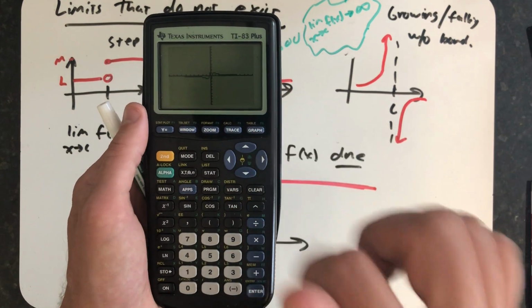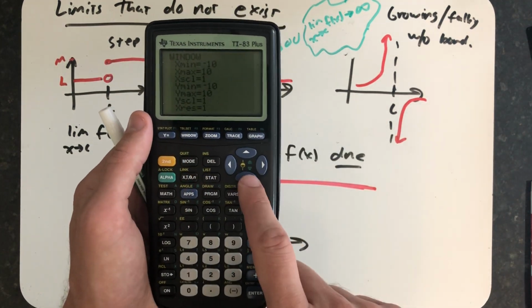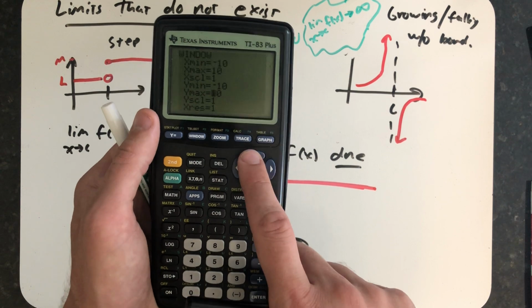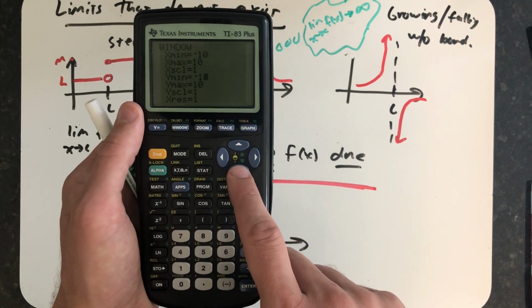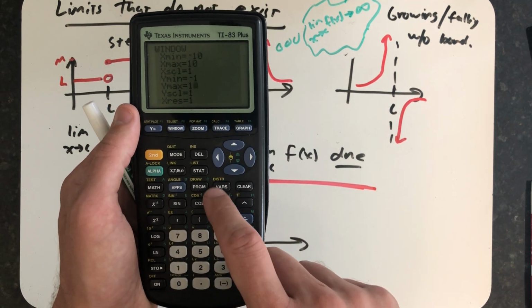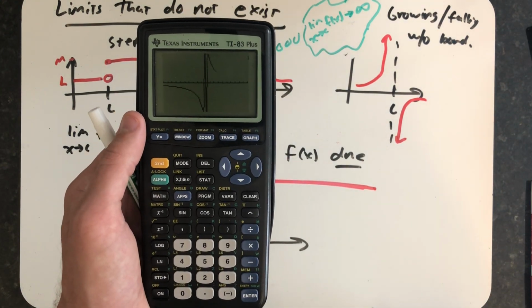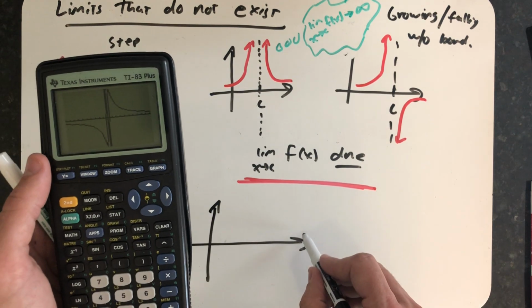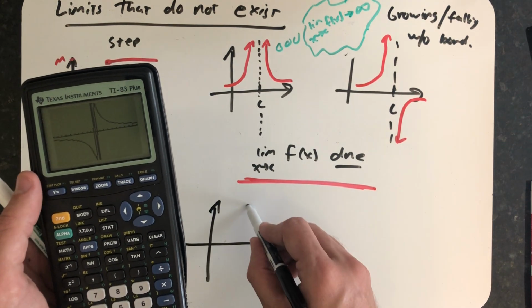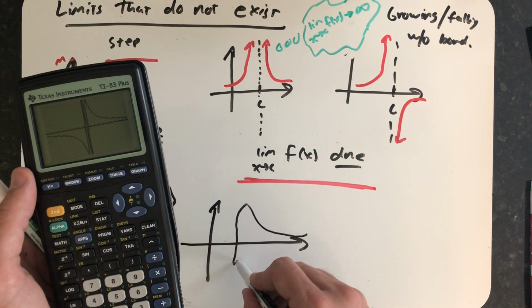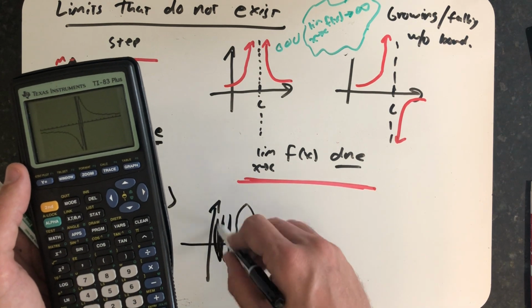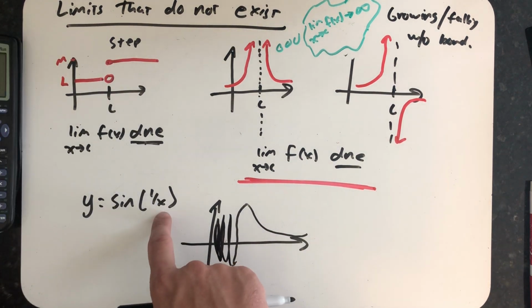All right, and I can't really see what's going on there, so I think I'm gonna change my window. And it's always a good thing sometimes to play around with the window. I know sine can't be any bigger than 1 and smaller than -1, so I'm just gonna replace those and hopefully see more what's going on. And what my calculator is saying is that it's doing something like this, but what I'm gonna tell you is it actually oscillates more and more and more and more. Zero's not in the domain.